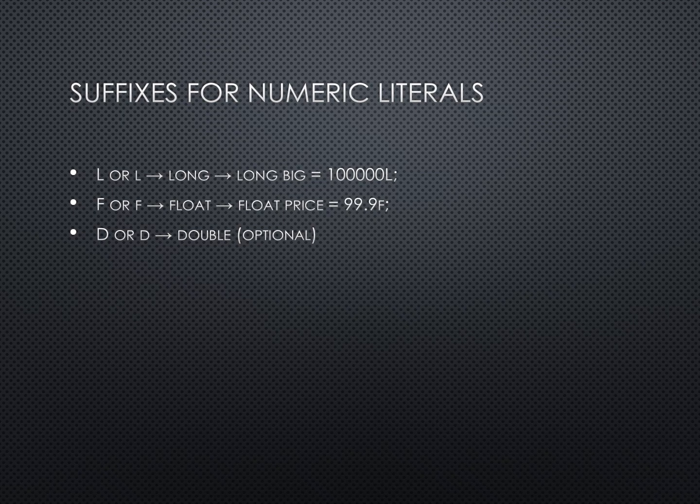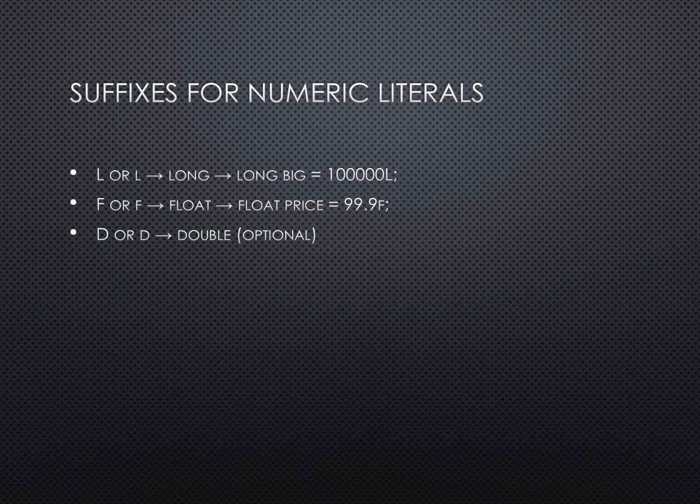And the last one is suffixes for numeric literals. Numeric literals can also include suffixes to specify their type. If we add L or small letter l, it tells the compiler that the literal is of type long. For example, long big equal to 10L.